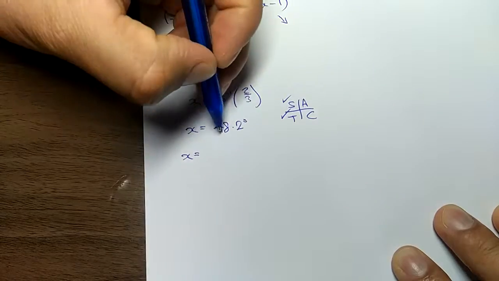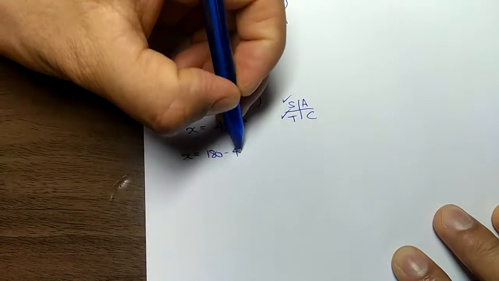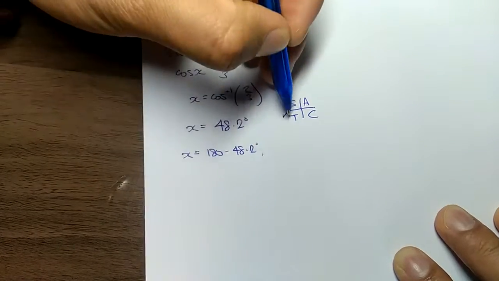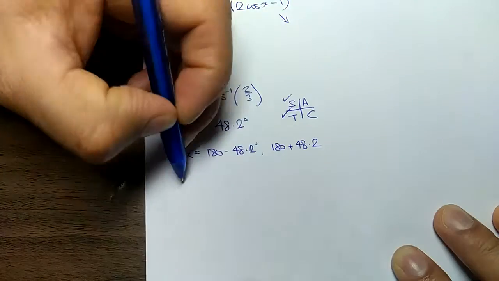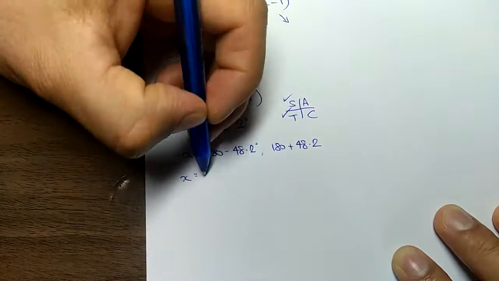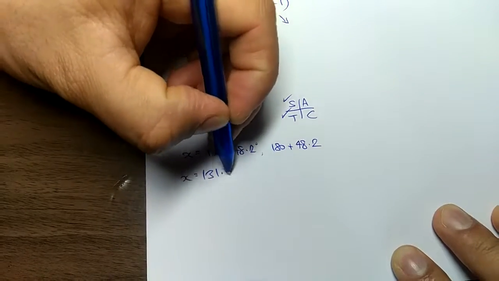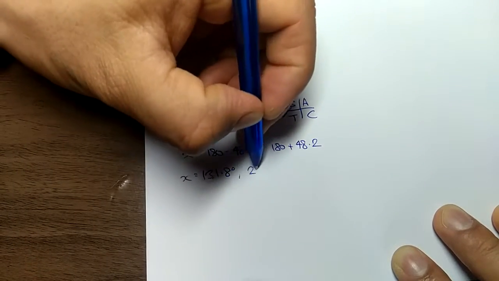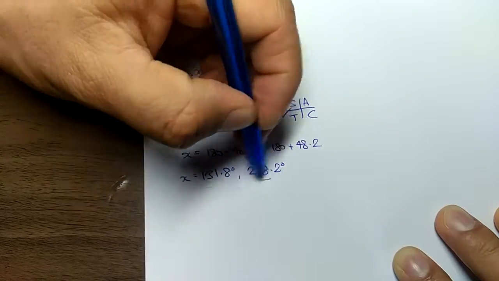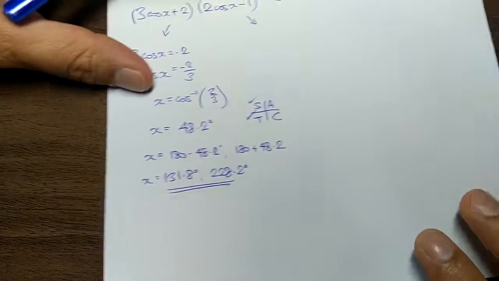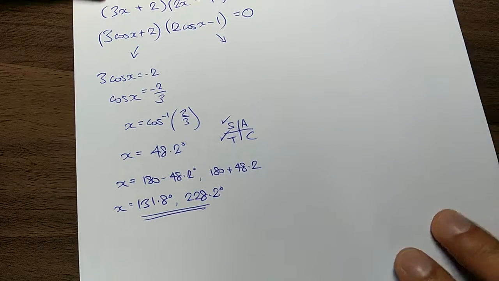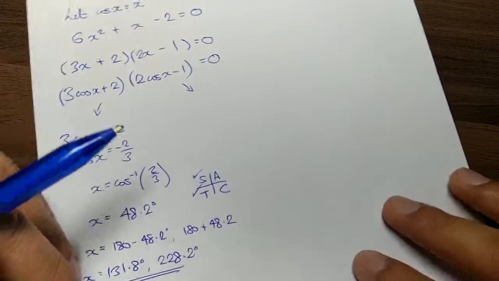So x is 180 minus that, and 180 plus that. So that's 131.8 and 228.2. You can round it to three significant figures, 132 and 228. I don't think the SQ will really be too bothered either way.